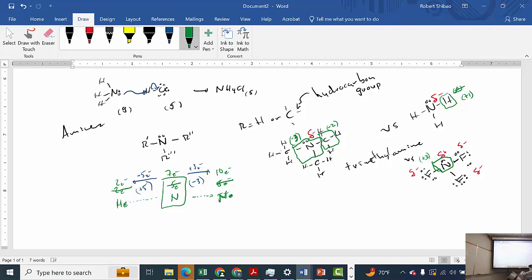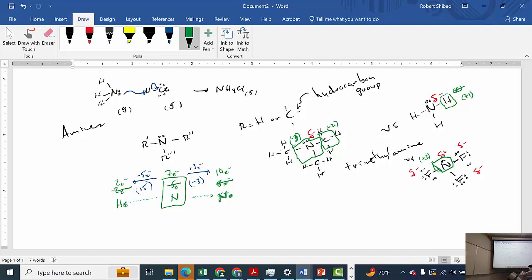Would you expect this to be a good electron pair donor? No. Because it's already positive. Why would it want to give up more electron density by sharing? Does that make sense? In other words, what makes a good donor is having lots of negative charge density, a negative charge cloud.